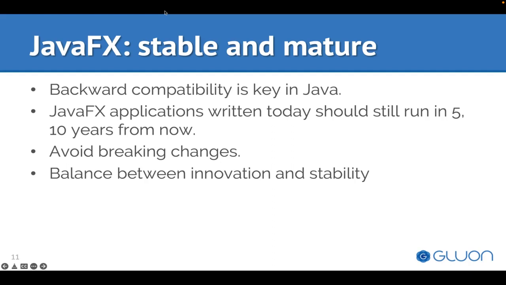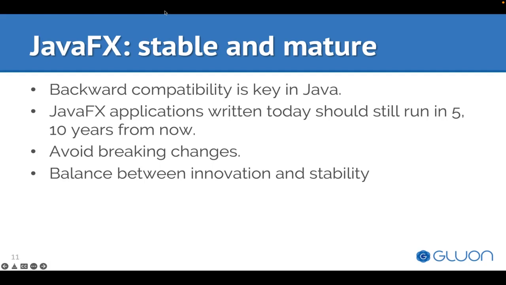And if companies or organizations want to have a user interface component that they really want to be available for a very long time, then JavaFX is a great candidate, because we have the same approach here as the core Java.